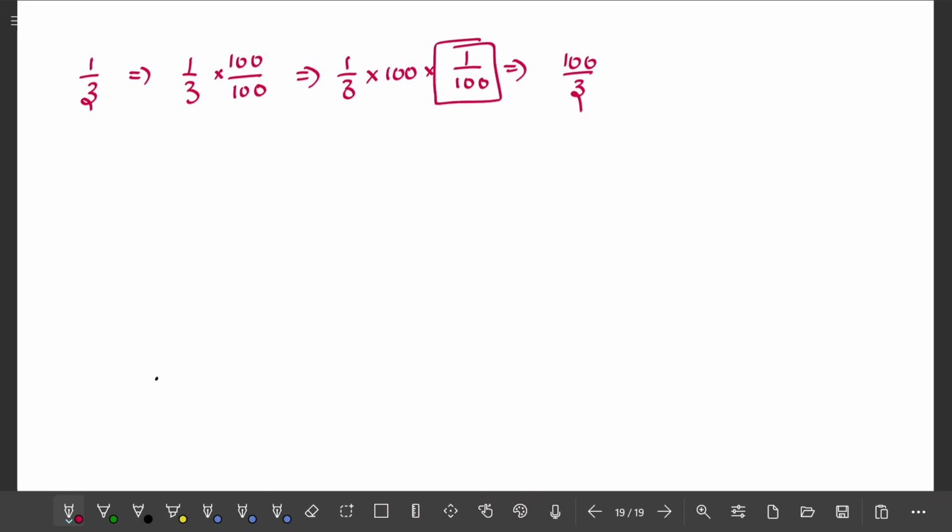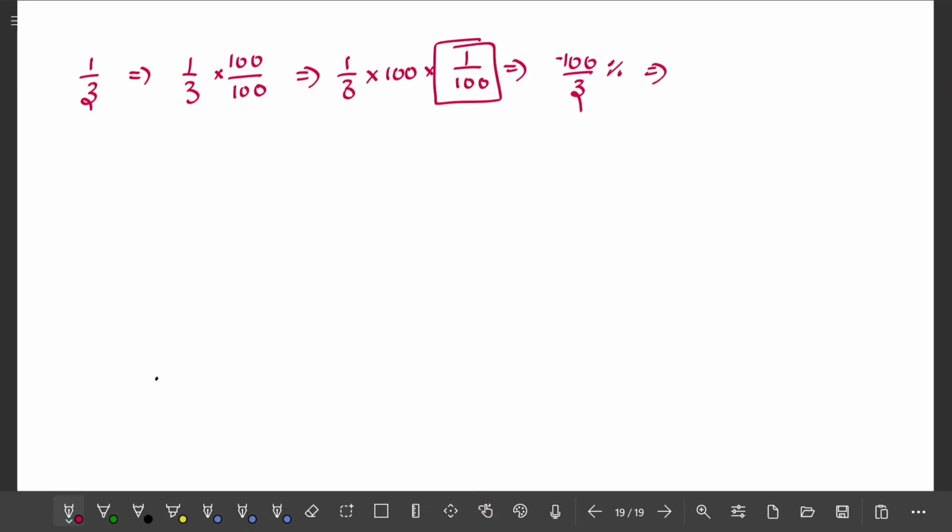Let us say 1 by 3. Can I just directly multiply it with 100 and divide it with 100? Does it change the value of 1 by 3? No, it doesn't. And now this can be written as 1 by 3 into 100 into 1 by 100. That implies 100 by 3 into, now this 1 by 100 can be written as percent, isn't it?